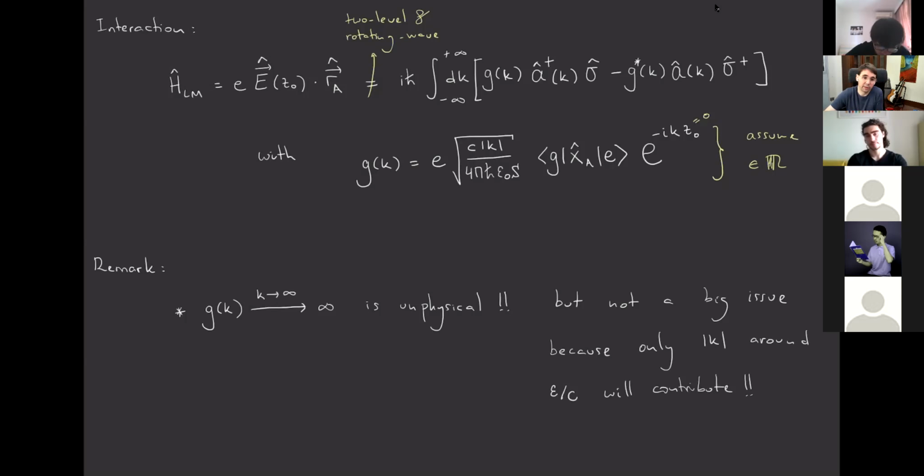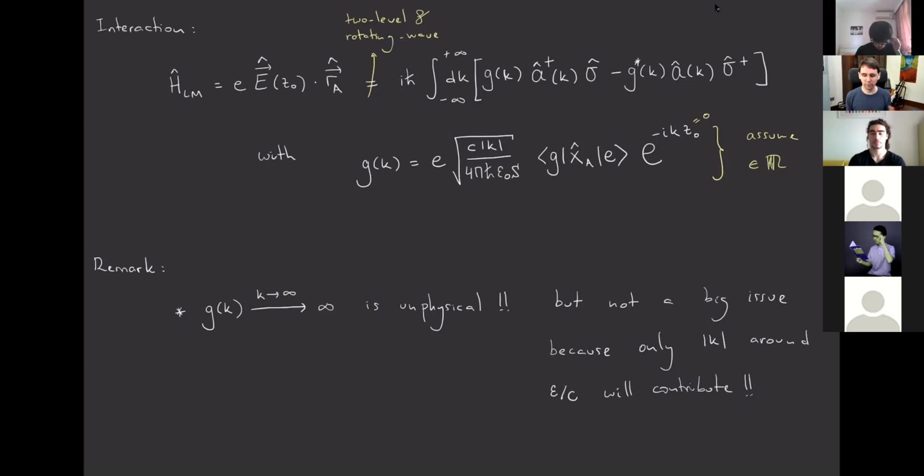This is something that we know from the previous chapters: if we have this weak interaction, only the processes which are more or less resonant with the transition of the two-level system will contribute effectively to the dynamics. So all the large k and small k will effectively not have any effect on the system, and therefore we don't really care how the coupling is with those modes. This is similar to what we saw with the cavity.